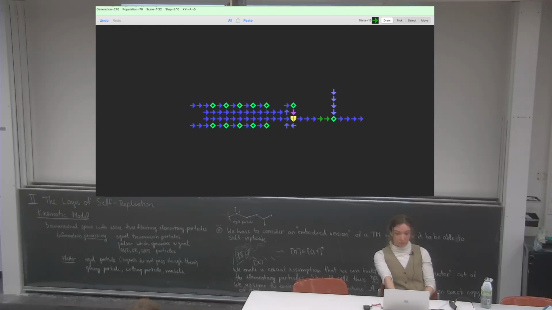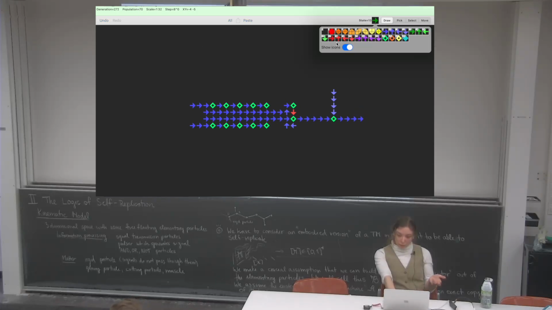But in the meantime, this whole activity died out, so we have turned it off, and now this periodic pulsar is storing a 0. So now if we probe this, it's going to output a 0.